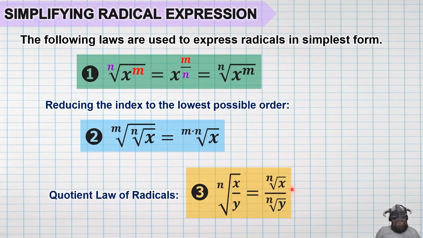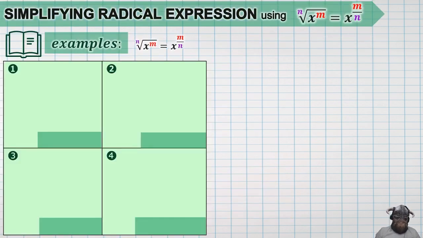Dito naman, imbes na paghiwalay yung factors, yung quotient, yung pinaghiwalay, numerator tsaka denominator, we're getting the individual roots of them. Para mas maintindihan natin kung paano ginagamit tong mga given law of radicals in simplifying, let's try to have this as following examples. So ito muna yung paggamit ng transforming radical expression into an expression with rational exponent.